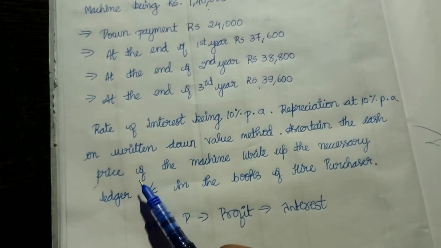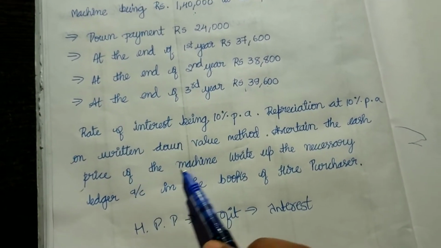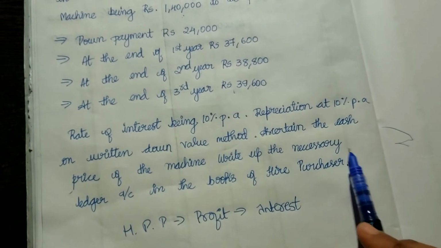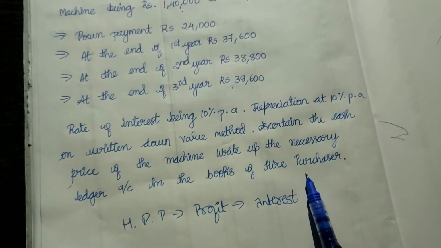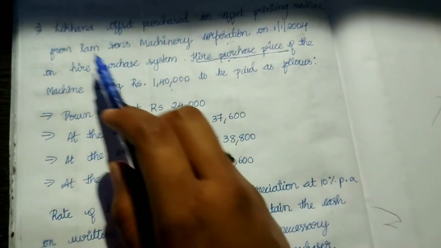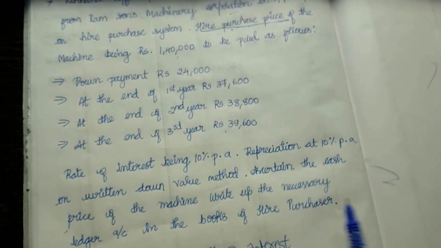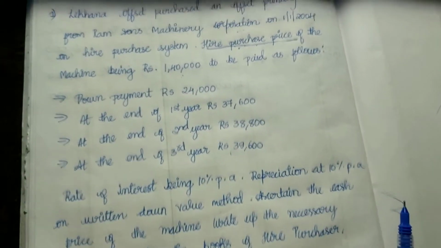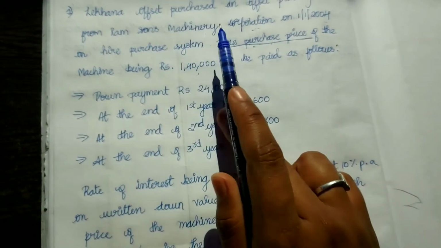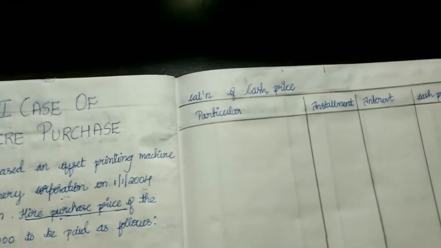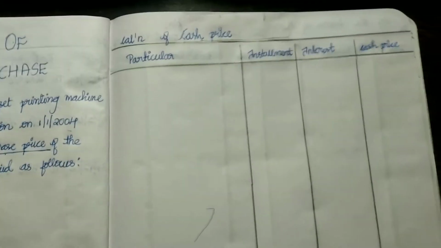So in this method, you have to ascertain the cash price of the machine, and write up the necessary ledger accounts in the books of the hire purchaser. Here the hire purchaser is Lekha, so you have to write the ledger accounts in Lekha Offset's books. First let's calculate the cash price.